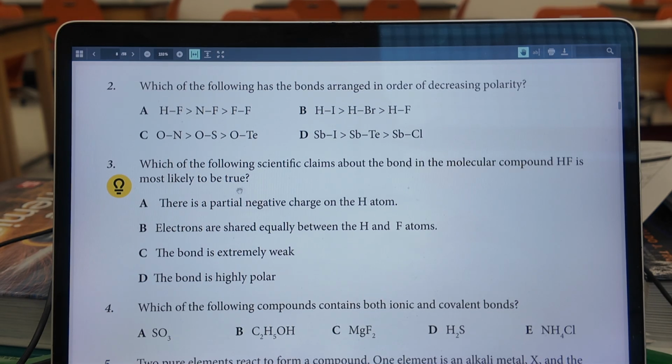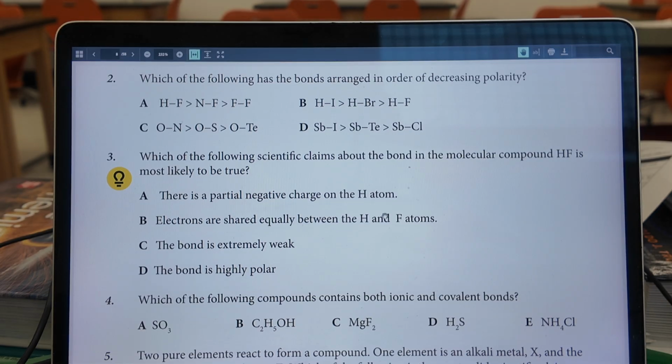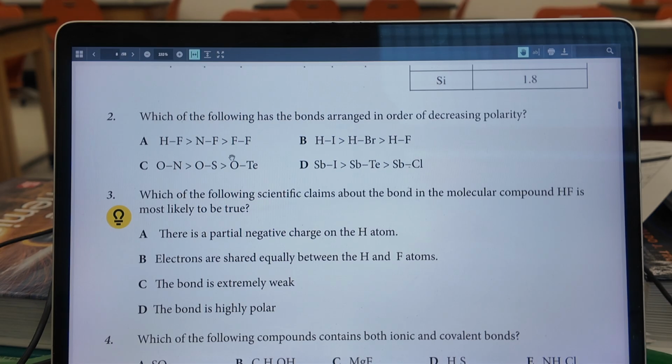Okay, which of the following scientific claims about the bond in the molecular compound HF is most likely to be true? Now remember, HF is very, very polar, right?